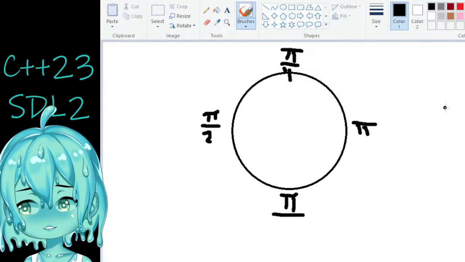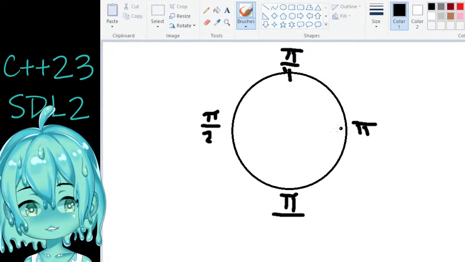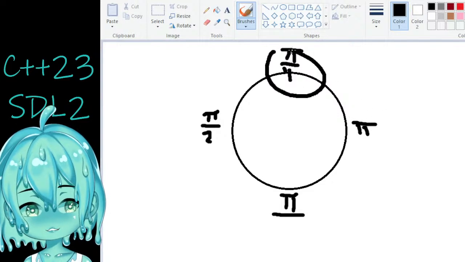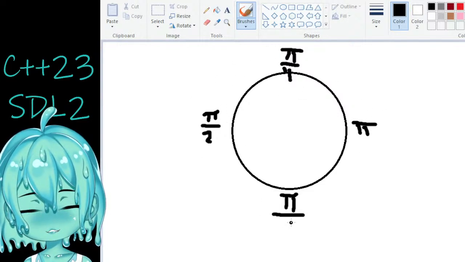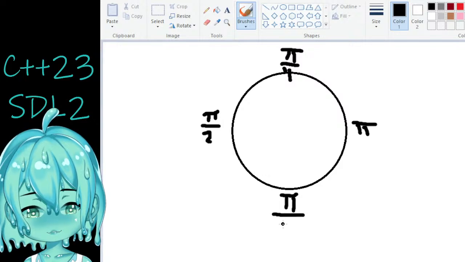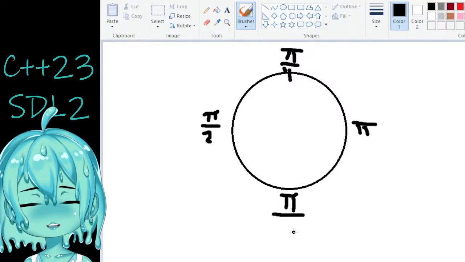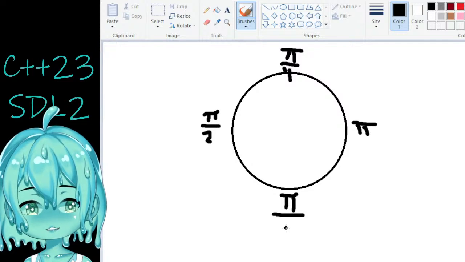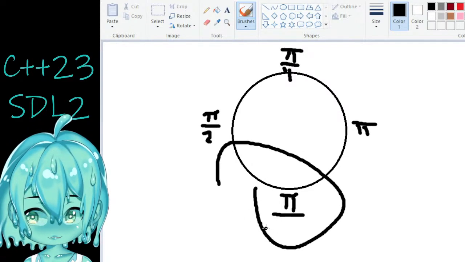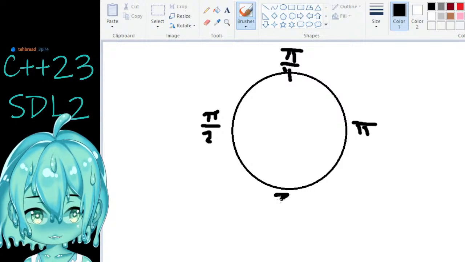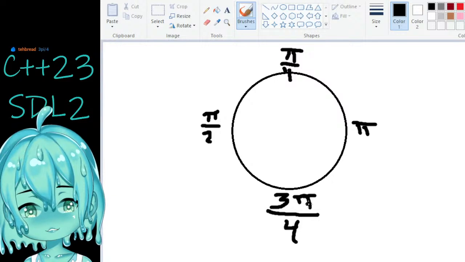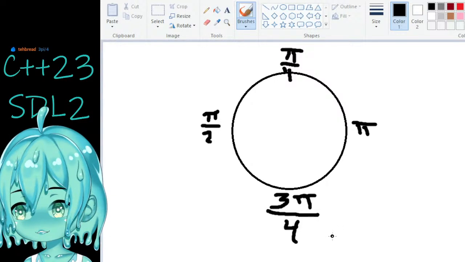Pi is 3.14, which is the number of times the diameter goes around the circle. So this is pi. This is pi divided by 4. This is pi divided by 2. What's 3/4? Pi divided by 0.5? No, that makes it 2 pi. Wait, what is this one? Oh, is it 3 pi divided by 4? Oh, it is 3 pi divided by 4.